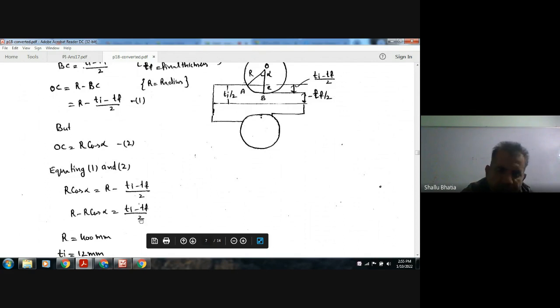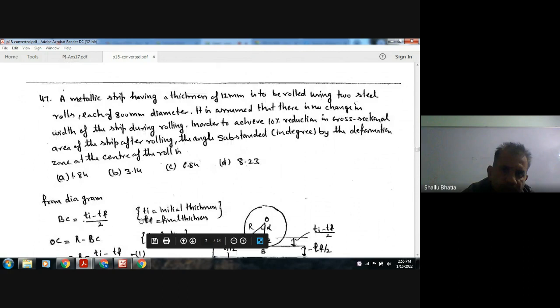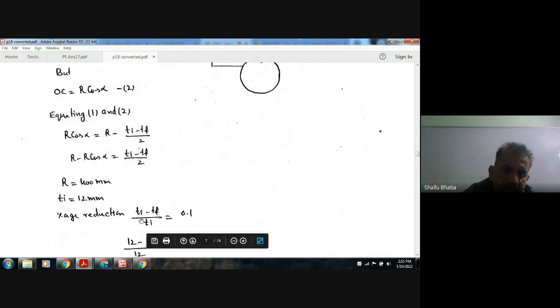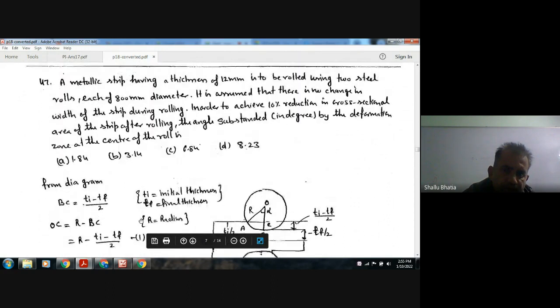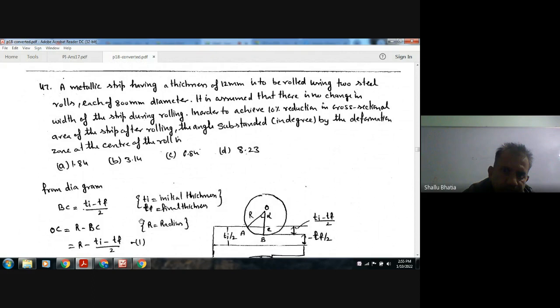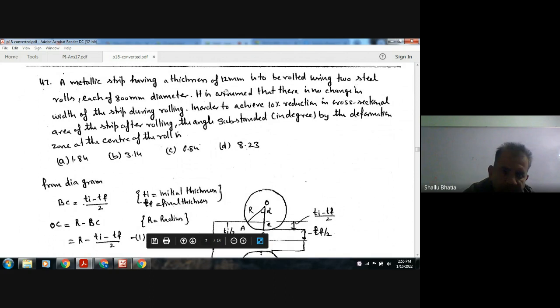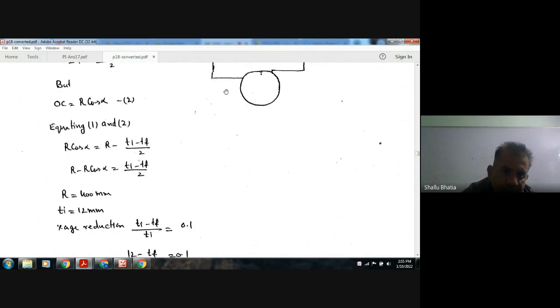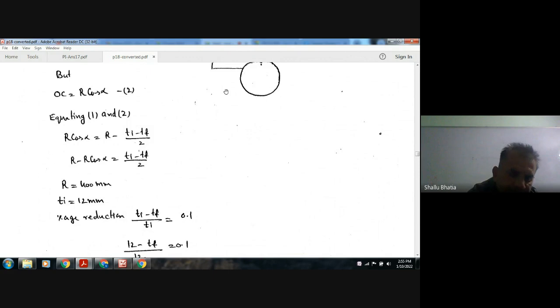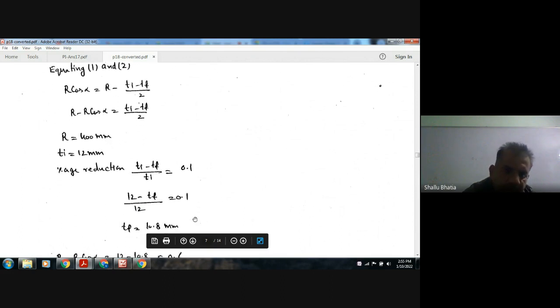Putting the values, R is 400, and Ti, the initial thickness, is 12 mm. The percentage reduction is 10%, so (Ti minus Tf) by Ti is 0.1. So we can find out Tf.